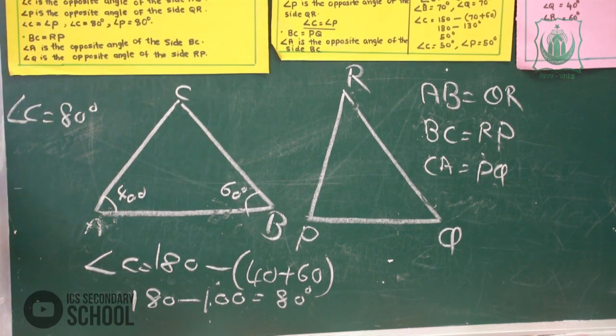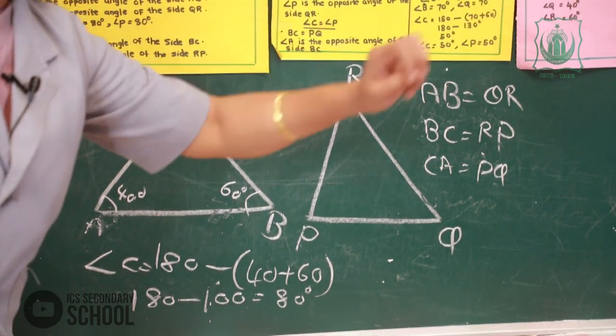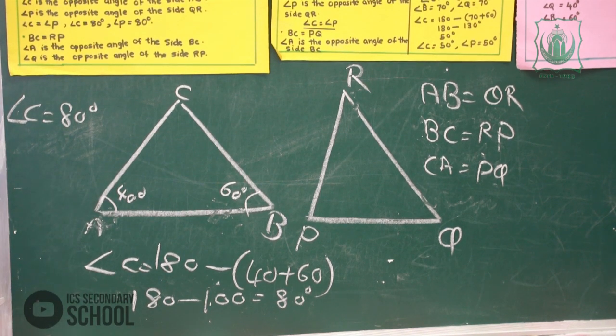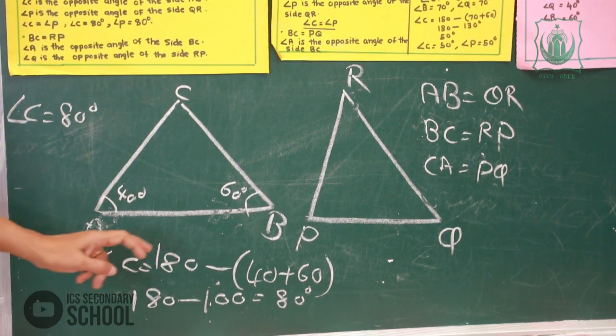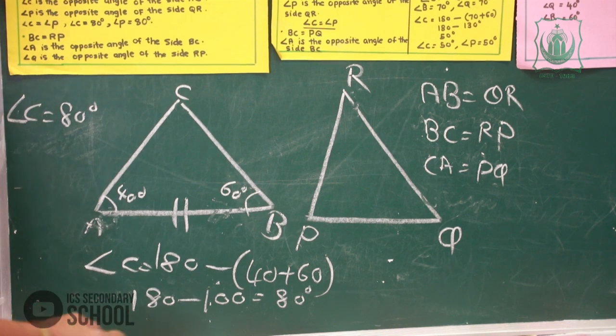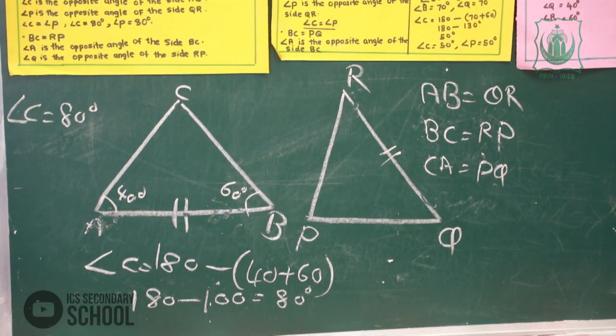Find all the angles of triangle PQR. Here, given AB equal to QR.